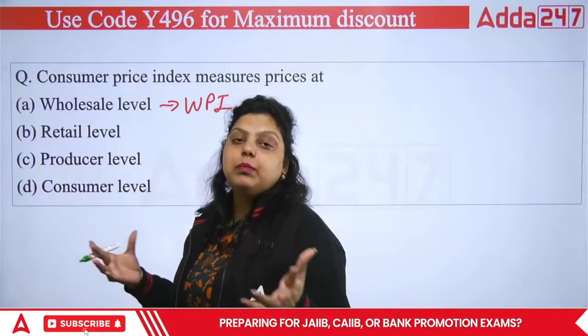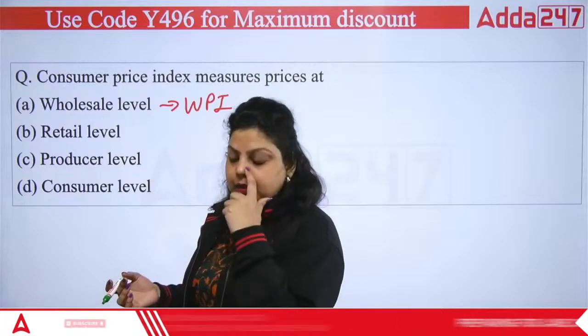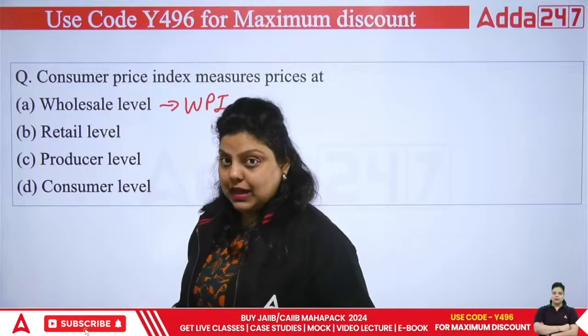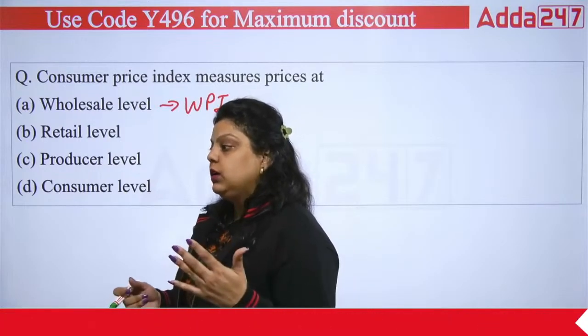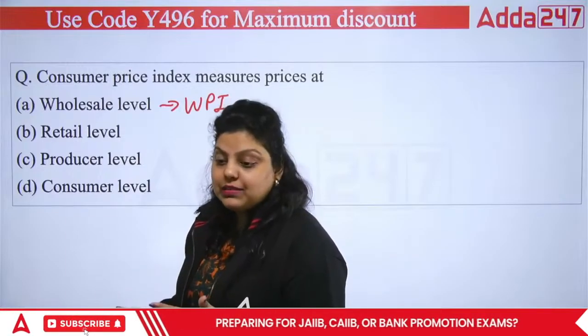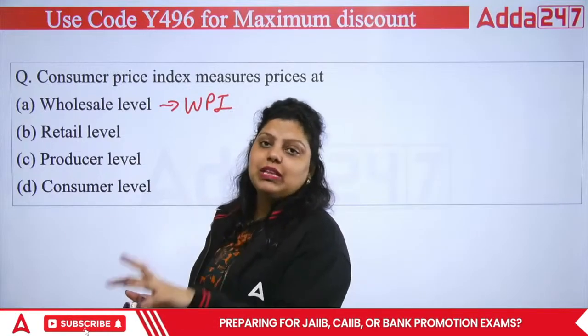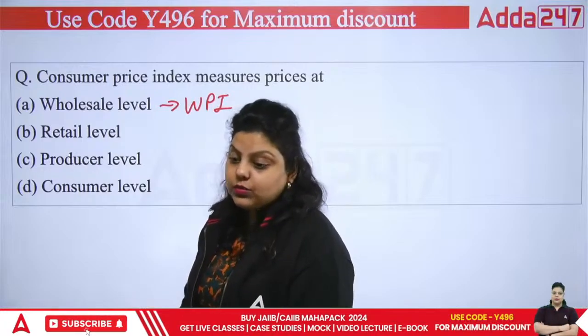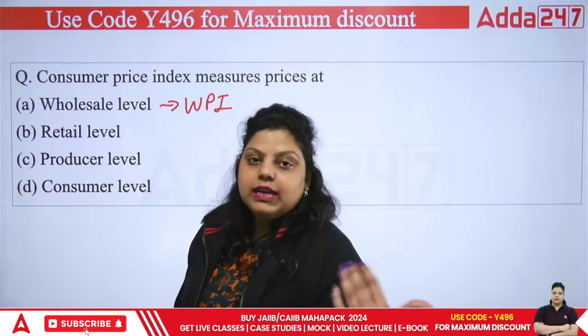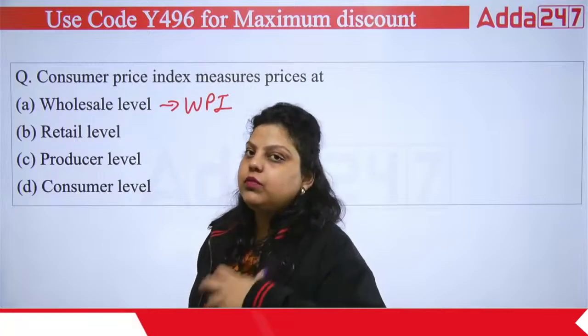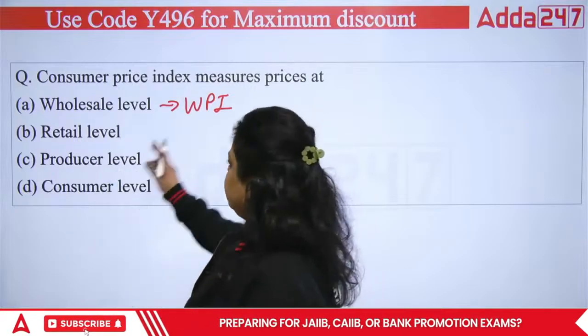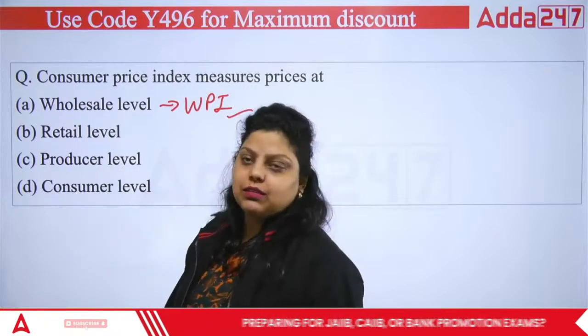Where goods are purchased in bulk, and the prices are comparatively less. When the selling and purchasing happens between entities, between businesses, between firms, that is your wholesale market. Individual persons like us, consumers, are not participating in the wholesale market, and that is calculated by the wholesale price index.